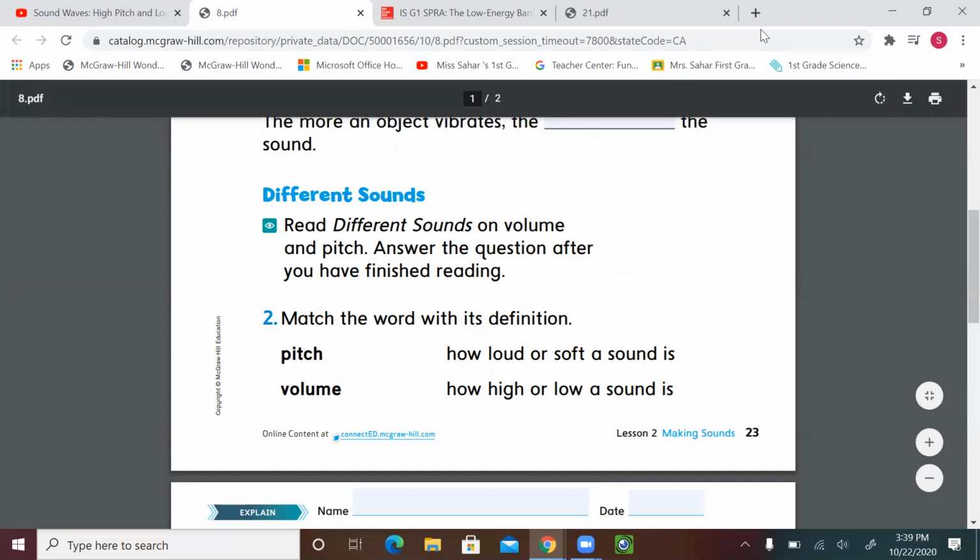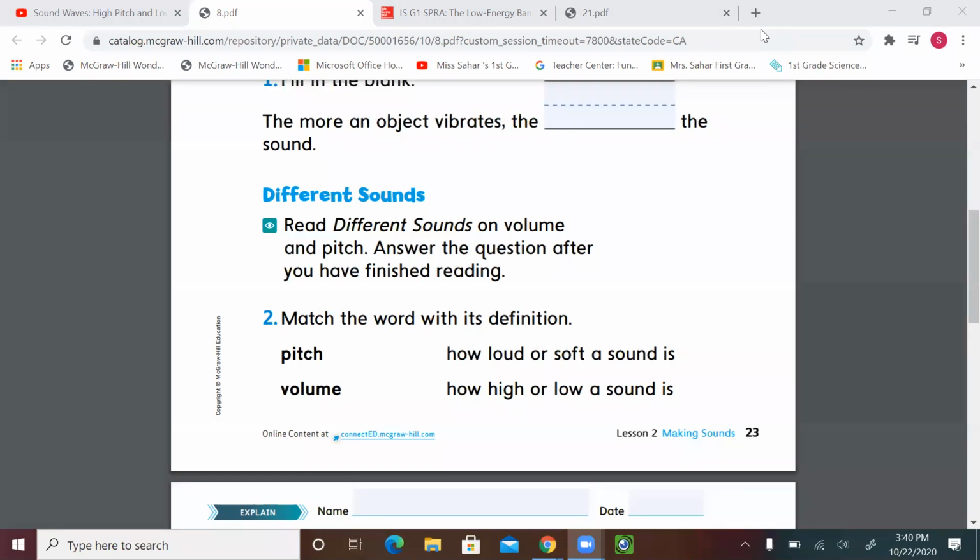So let's draw the line. So we show that pitch is how high or low a sound is, and then volume is how loud or soft the sound is. Okay?